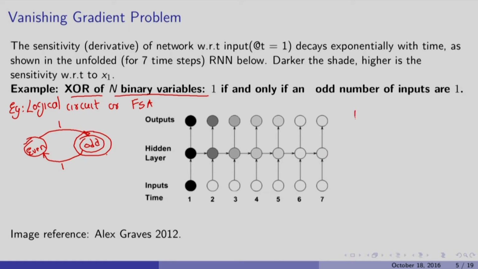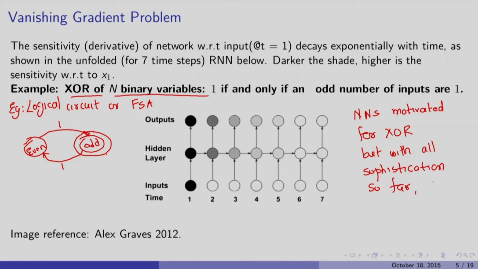So remember that neural networks, or rather multi-layer feed-forward neural networks, which were motivated for XOR, but with all the sophistication so far, we fail for XOR of n binary variables.